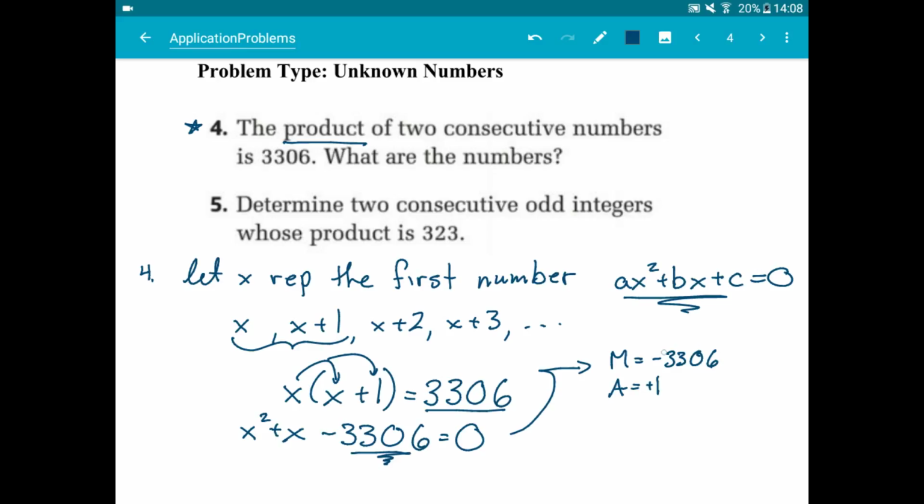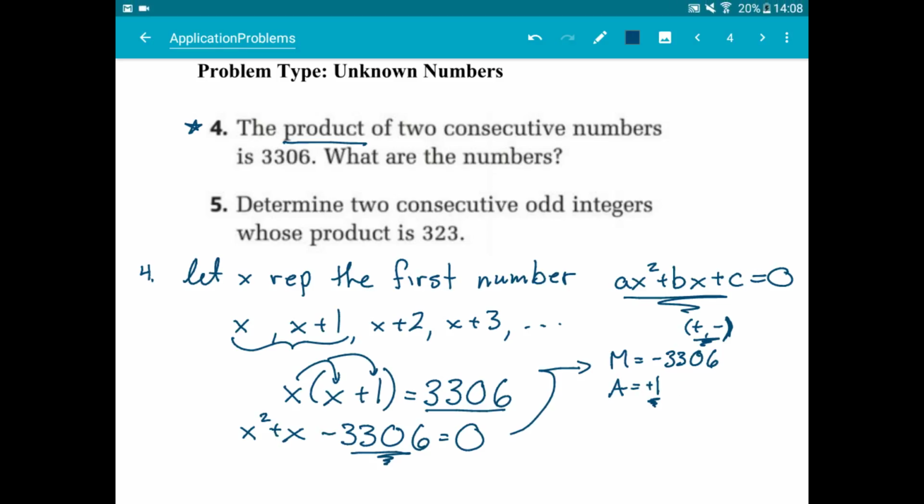Since they multiply to give a negative, one of them is going to be positive and the other negative. So when you add those together, it's going to be like subtraction, and that means this number here is the difference between the two numbers.